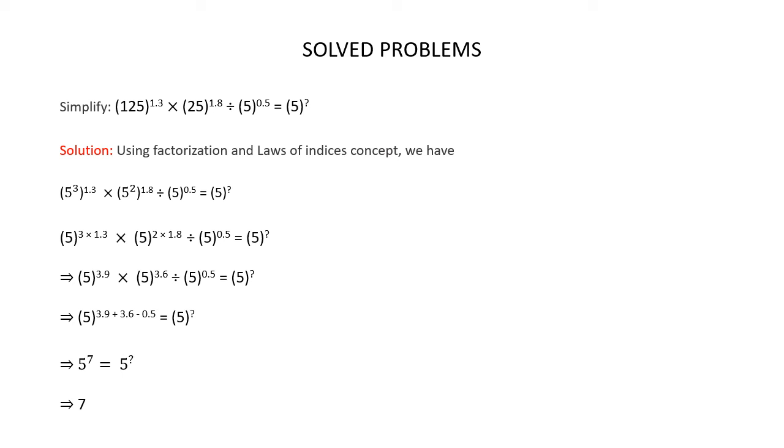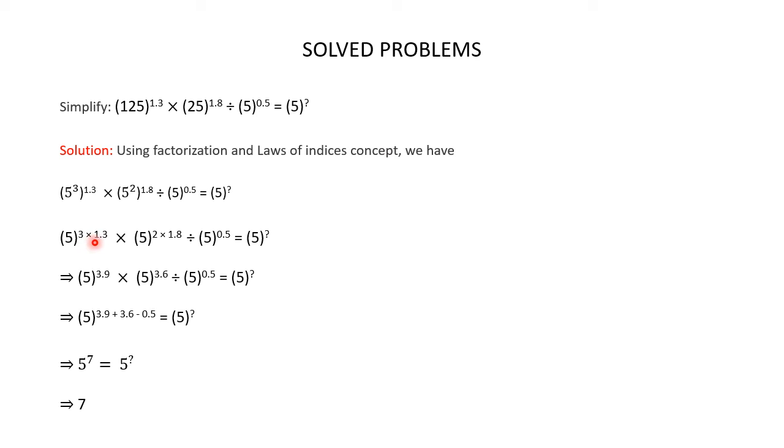Now, as per the laws of indices, we can write 5 cubed raised to the power 1.3 as 5 raised to the power of 3 multiplied by 1.3. Similarly, 5 squared raised to the power of 1.8 can be written as 5 raised to the power of 2 multiplied by 1.8.